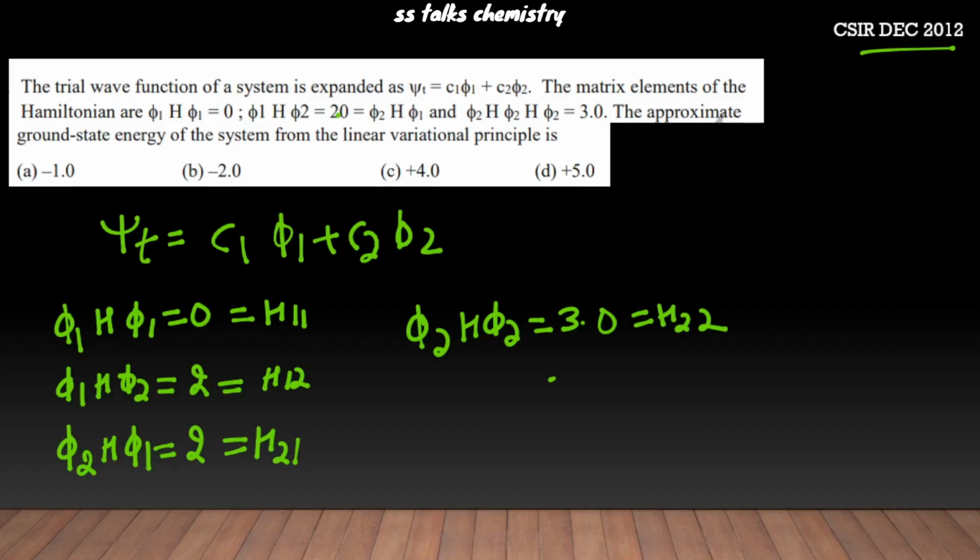Okay, so that means this can be represented in the form of a matrix, that is C11, C12, C21 and C22.